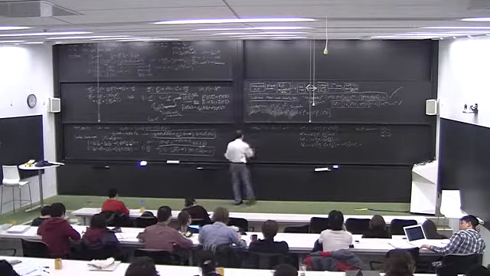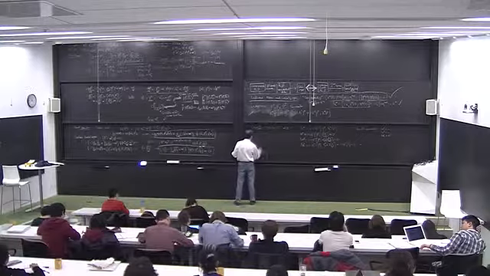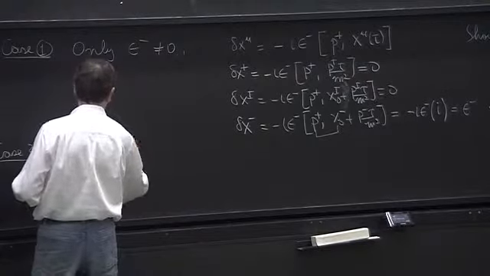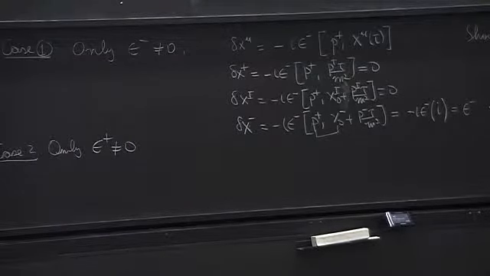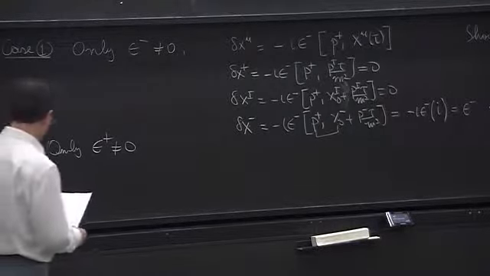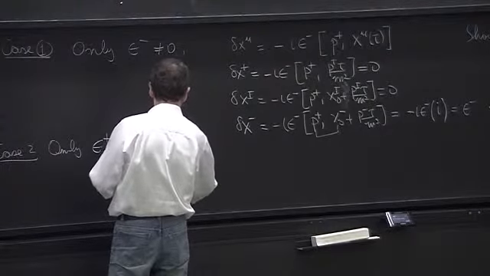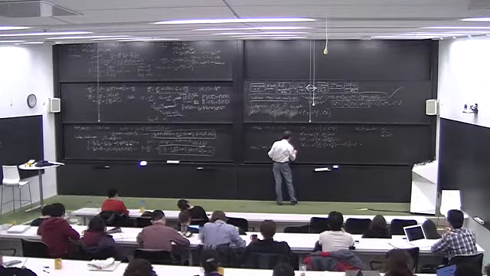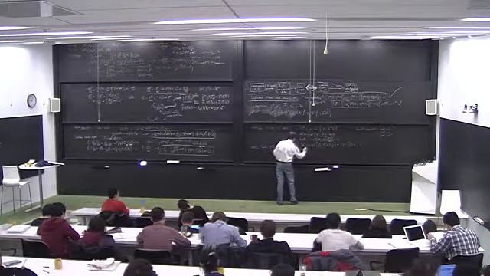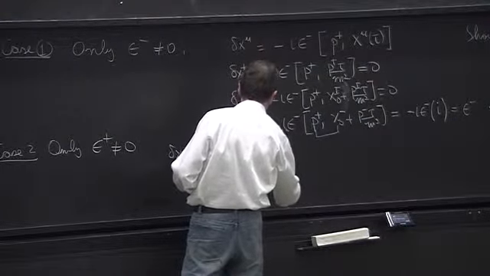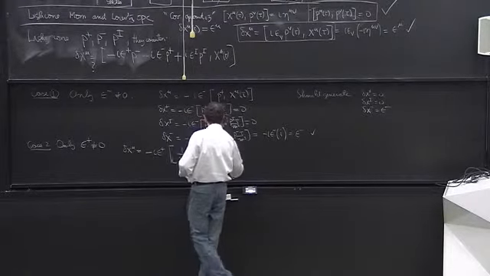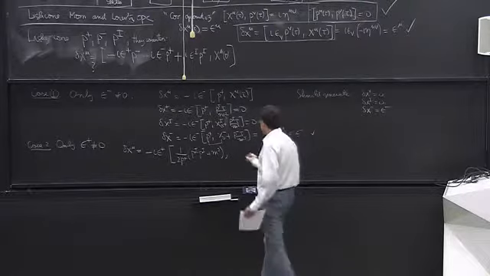Case 2: only epsilon plus different from 0. Okay. So in this case, delta x^mu would be equal to minus i epsilon plus times, I'll write what it is, 1 over 2 p plus, p i p i plus m squared, p minus, with x^mu(tau).